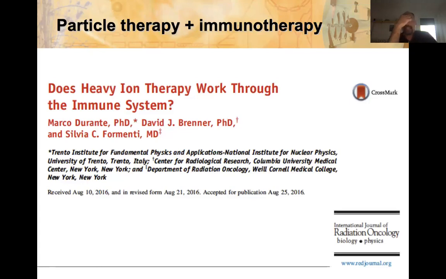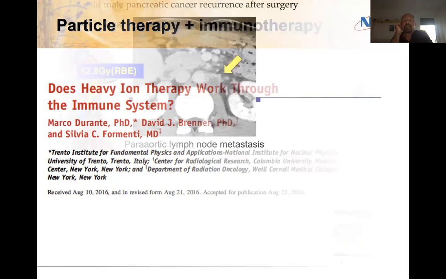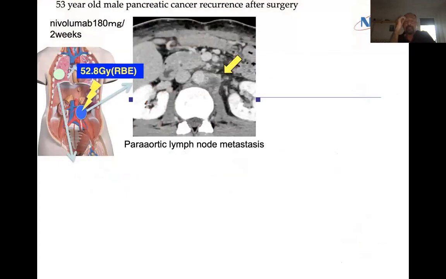The other problem, we discussed last time, the application of immunotherapy together with photon therapy. Now the question is, what happens if we try to apply heavy ion therapy in combination with immunotherapy? Can this be better? The first thing to observe is that just like in X-ray therapy, also in heavy ion therapy, you can combine in clinics already nivolumab, which is an anti-PD-1 checkpoint inhibitor, in combination with radiotherapy.